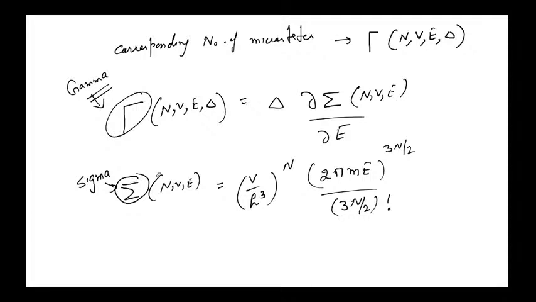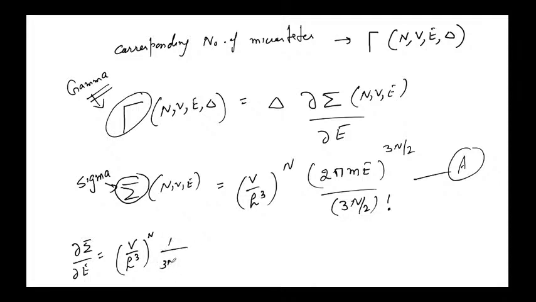Now what we have to do is take the derivative of this equation. If I take the derivative of this term with respect to E, this equation becomes V over h cube to the power N, 1 over 3N by 2 factorial. So the derivative of this term I will take now.